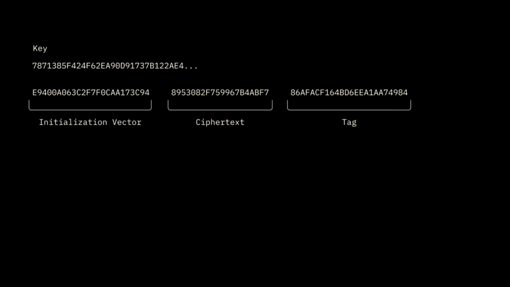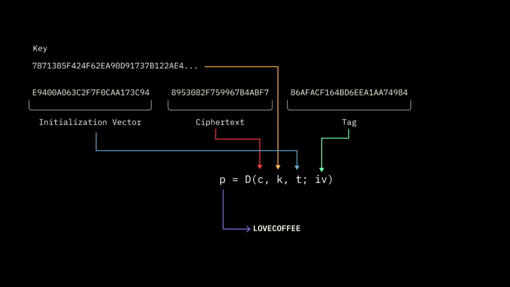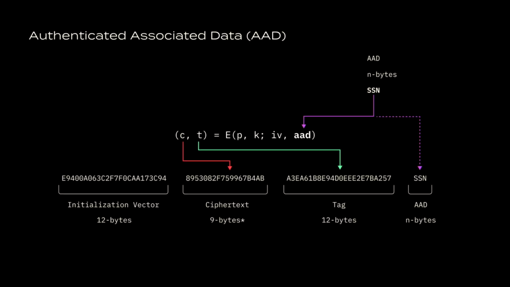And the tag is very useful because I now need to provide that tag at the time of decryption in order for the decryption to succeed. And if the tag is incorrect, then I can't proceed. That goes one step further by using this idea of authenticated associated data.